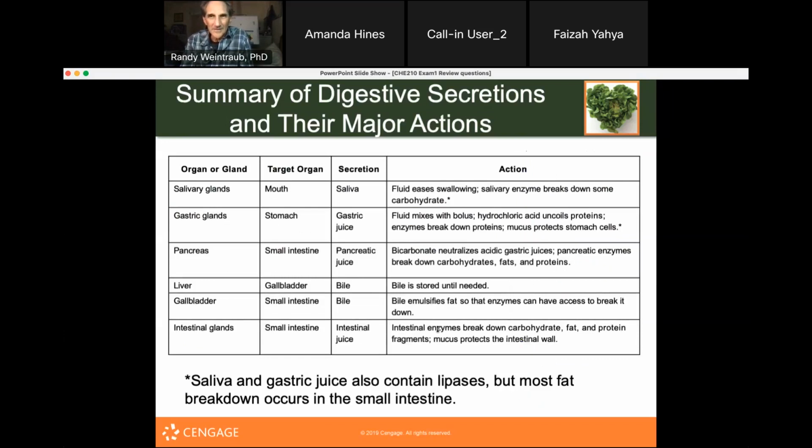Bile is another important thing coming from the gallbladder, but produced in the liver. Bile is associated with fat digestion because it helps emulsify the fat so that it can be broken down with the lipase enzymes.